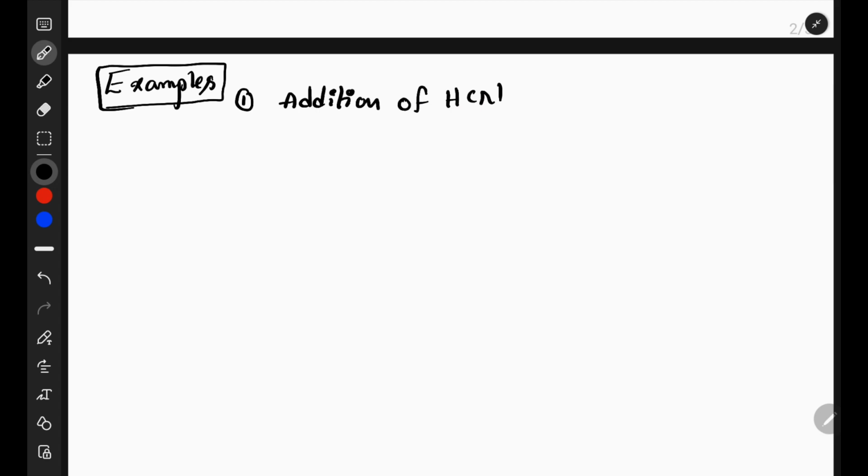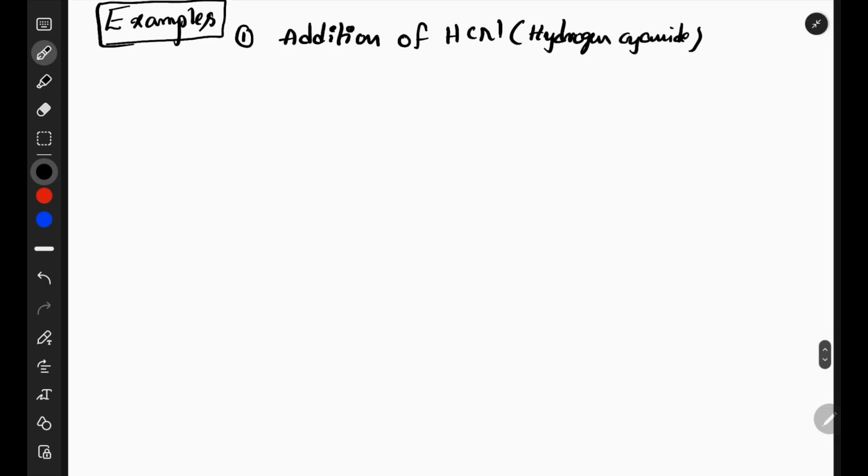HCN is called hydrogen cyanide. Aldehydes or ketones can add HCN. Suppose you take RC double bond O H, this is the aldehyde. For this, you can add some amount of HCN in the presence of a base as the catalyst.